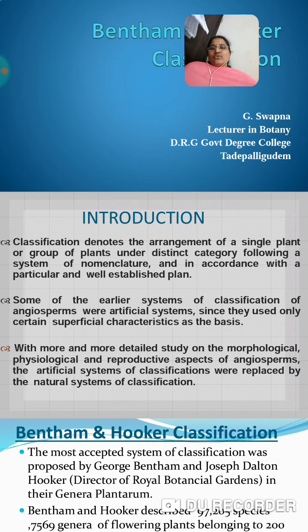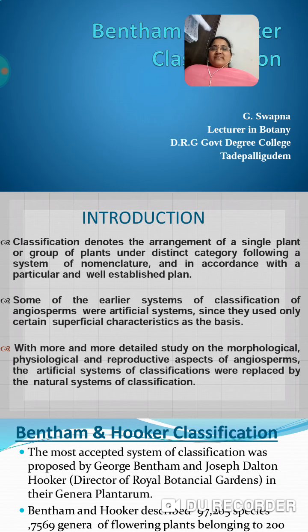That aspect is known as classification. Classification is the arrangement of a single plant or a group of plants under a distinct category, following certain rules of nomenclature and on the basis of identification of certain characters.